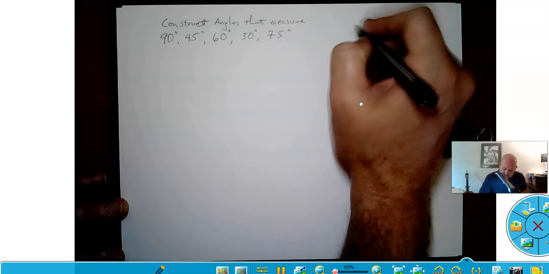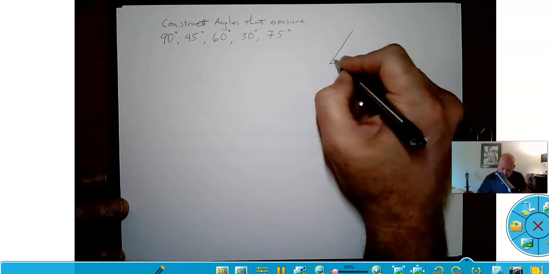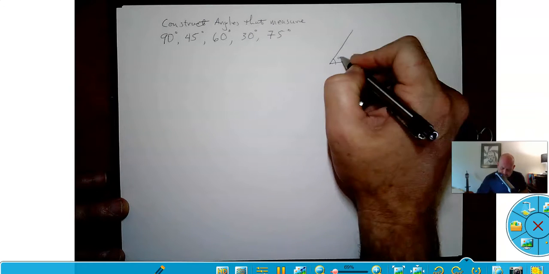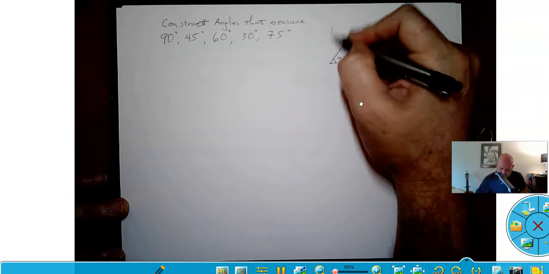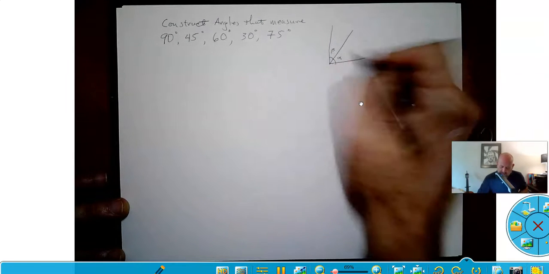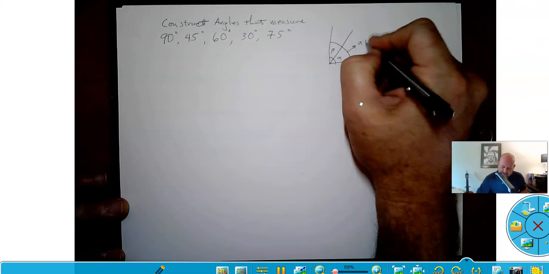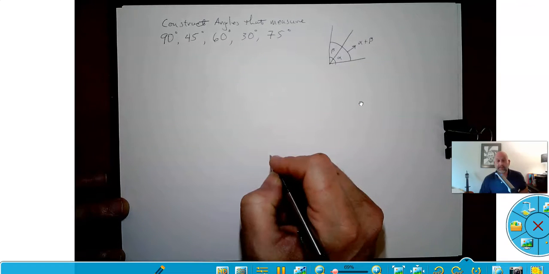So, for example, if you have this angle, and let's just call this one alpha, and I have a second angle I've constructed here, and this one is beta, then this entire angle is alpha plus beta, right?